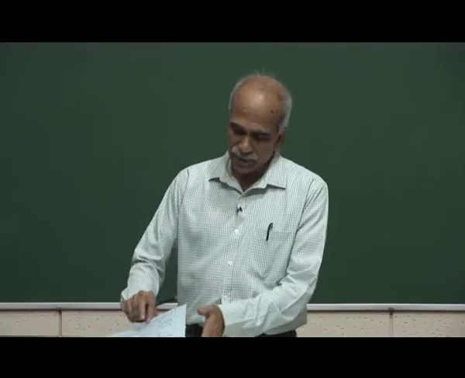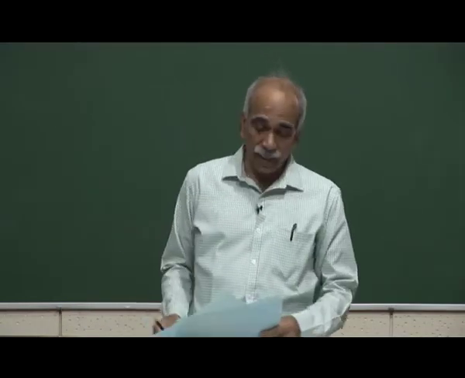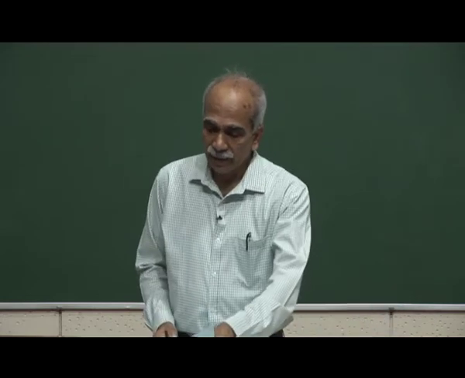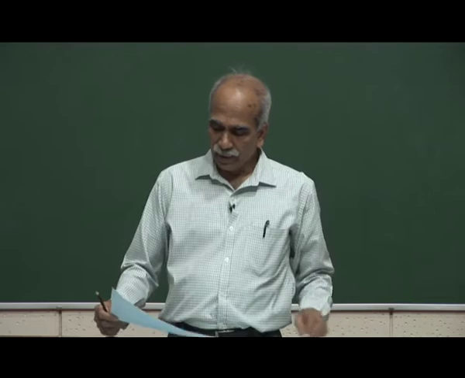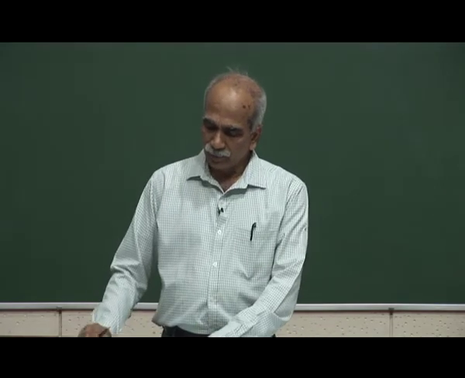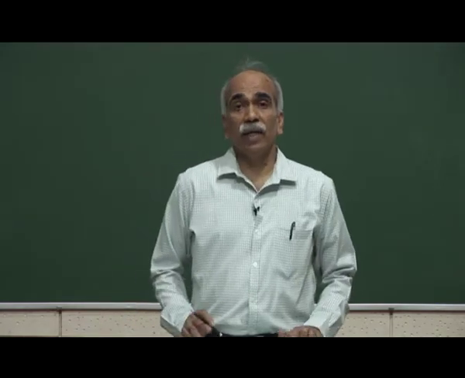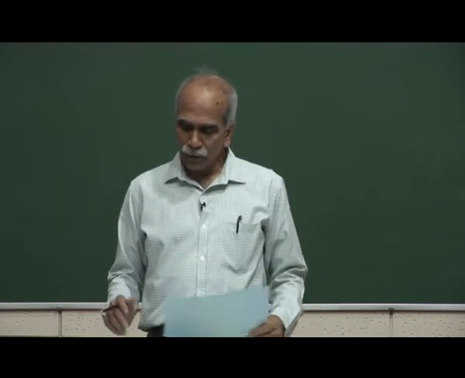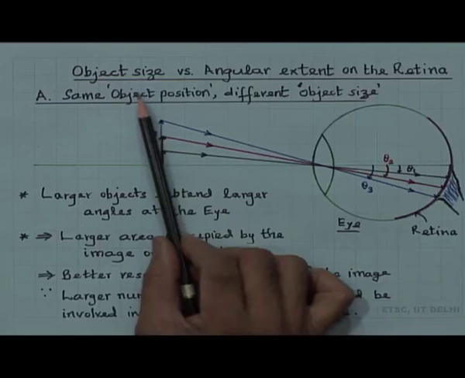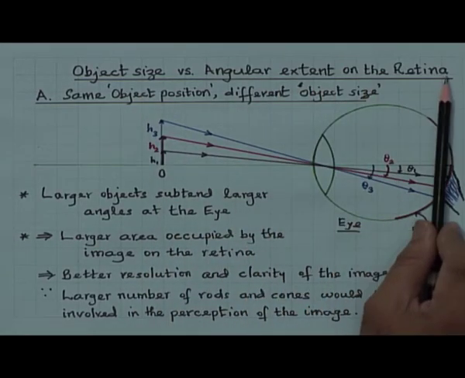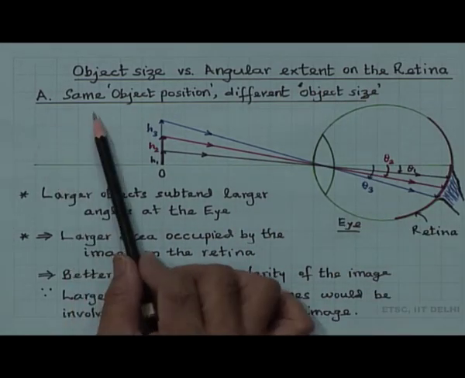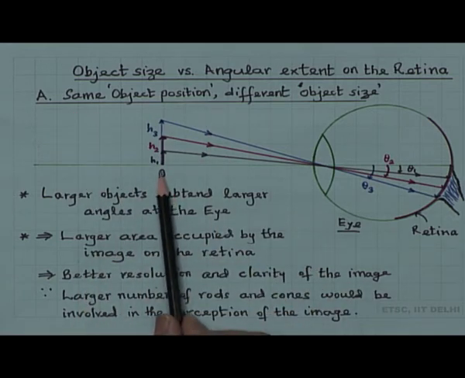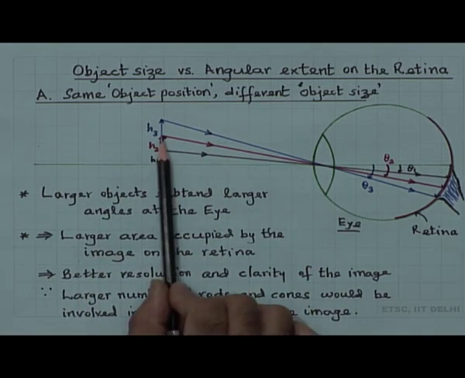Now, let us discuss the image size and angular extent and how accommodation takes place and how imaging takes place by the eye. So, here what I have shown is object size versus angular extent on the retina. First, we have considered the same object position, but objects of different height.